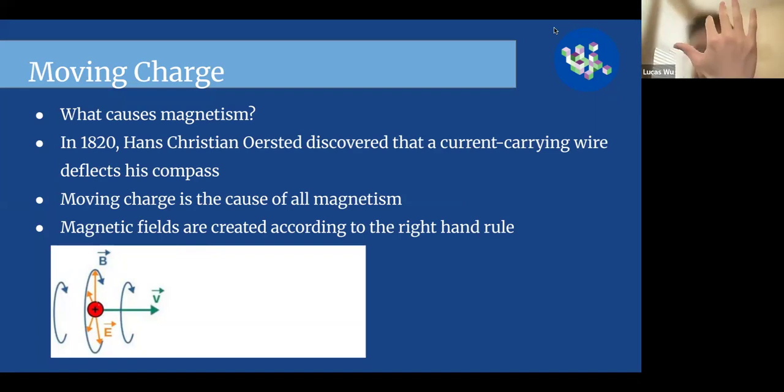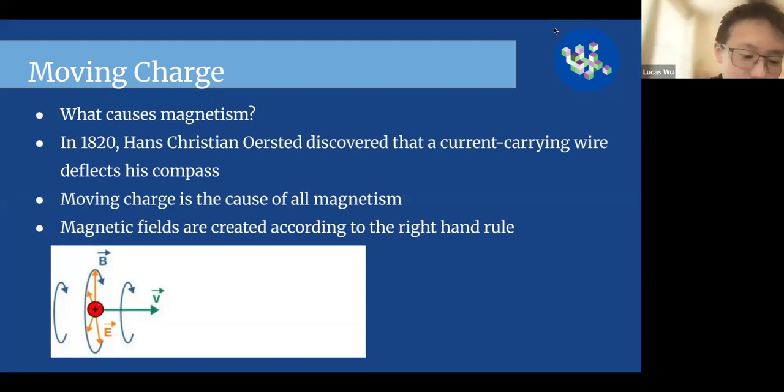To find the direction of the magnetic field, I make a thumbs up symbol, but sideways. My thumb points in the direction of the charge velocity, and I curl my fingers. Notice the way my fingers curl is the same as the way the magnetic field curls.